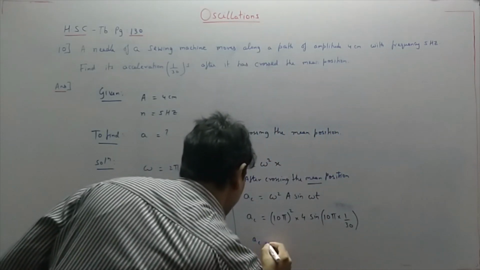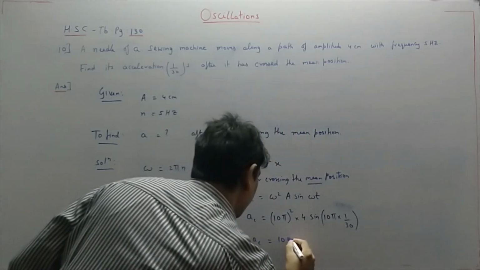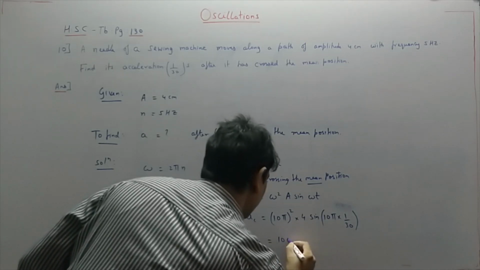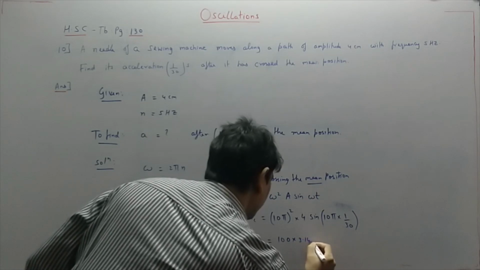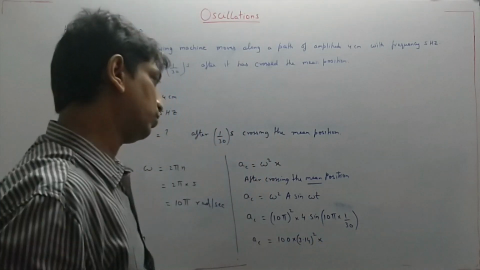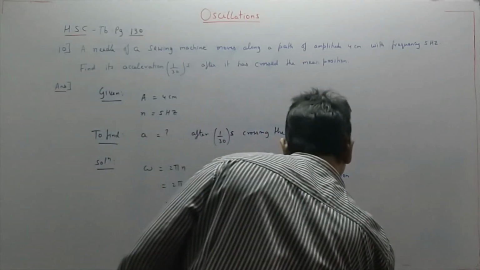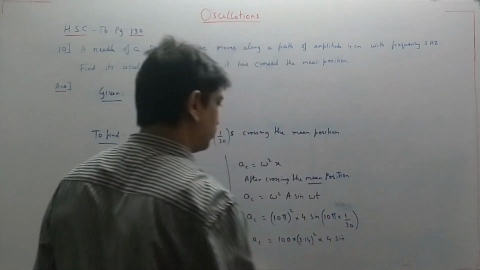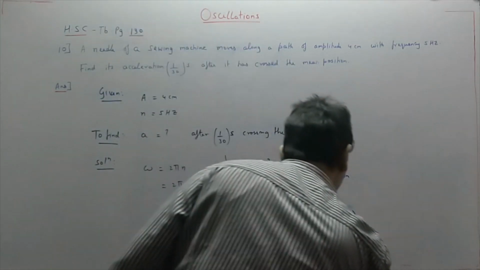If you solve this, you get 10 pi the whole square, that is 100 into 3.14 whole square, into 4 into sine of pi by 3.